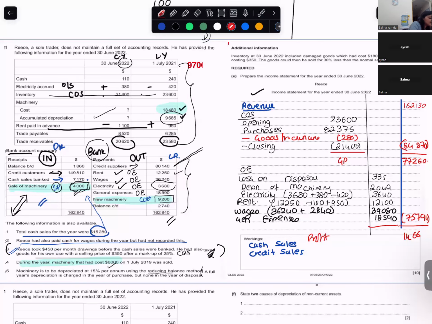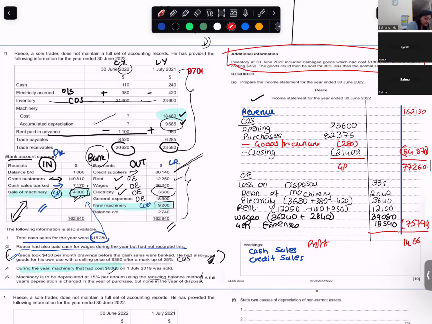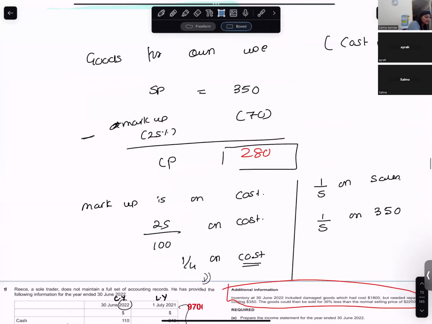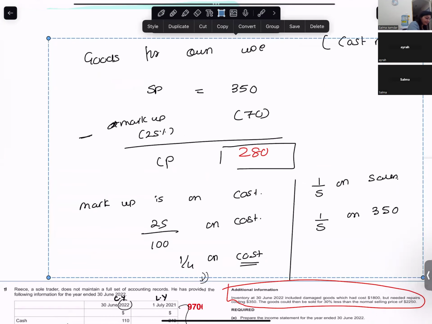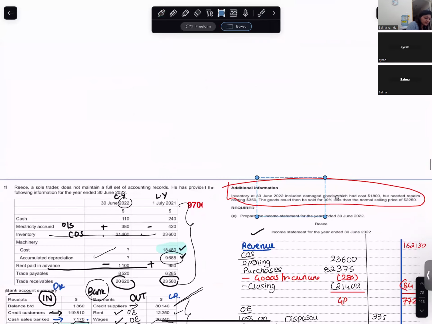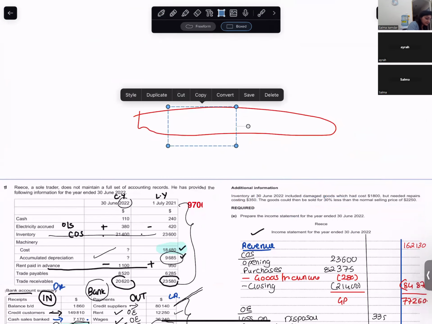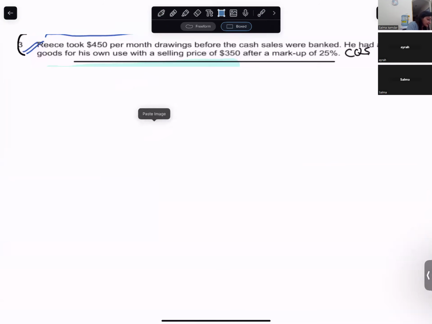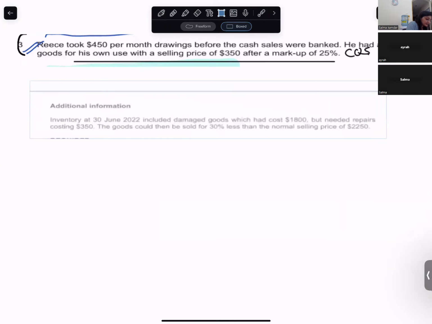We forgot to read this additional information. Can you please read that additional information? Inventory at 30th June 2022 included damaged goods, which had cost $1,800 but needed repairs costing $350.